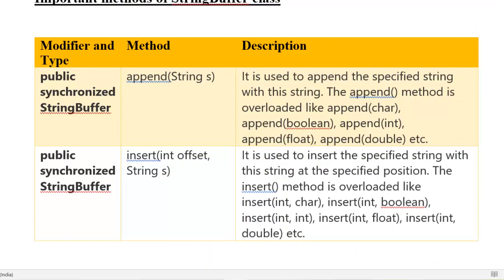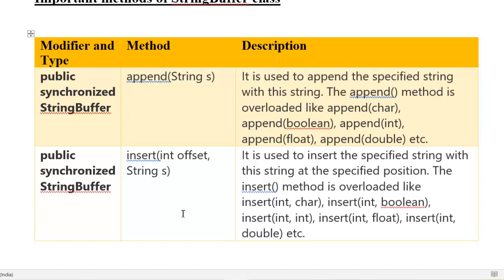What are the different types of methods? There is a method called append. Append is used to add a string, meaning we can add a new string. Let us do it practically. Not only a string, we can also append a character, boolean, integer, float, double, any type of value. This is a predefined method of the StringBuffer class.